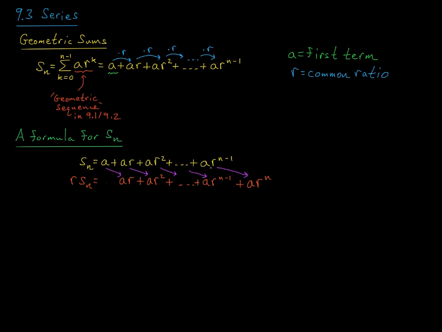Now the term preceding a times r to the n minus first power, that's going to be a times r to the n minus second power. And when it gets multiplied by r, that's going to give me a times r to the n minus first. And then lastly, multiplying a times r to the n minus first by r, that'll give me a times r to the n. And these two sums are really, really similar.